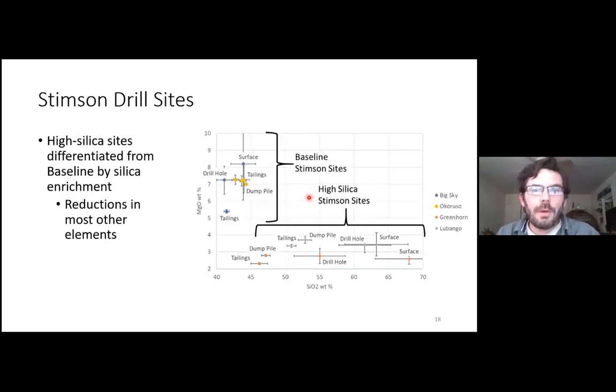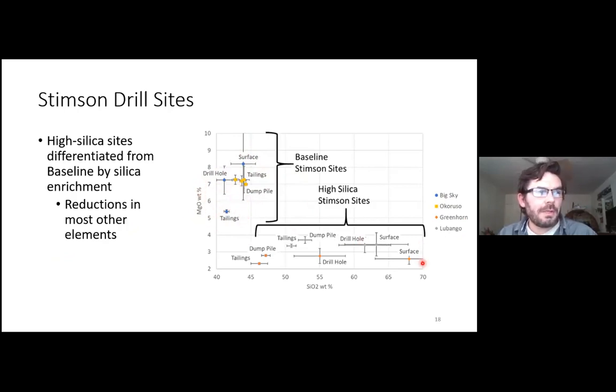All right, so moving on to the Stimson drill sites. The high silica Stimson sites are differentiated from the baseline sites by an enrichment in silica, which is why we call them the high silica sites, but also a reduction in most other elements. In this graph, we're using magnesium just because it makes a nice graph. Here we have the average values for the surface, drill hole, tailings, and dump piles for the baseline sites, and by the way, this error bar is the standard deviation over the mean.